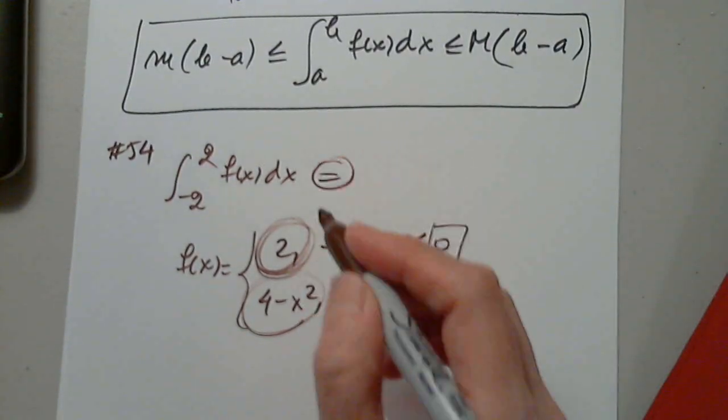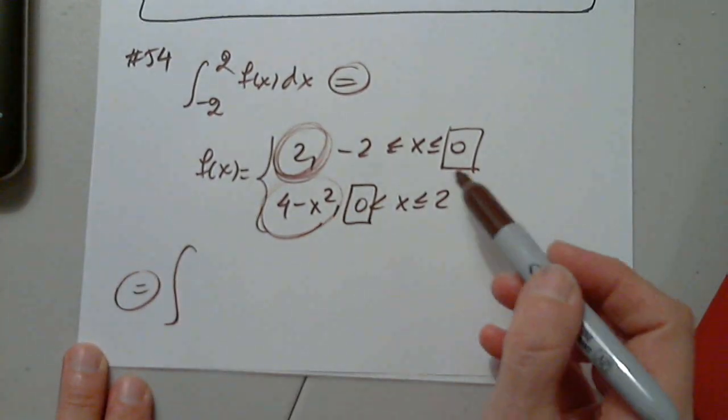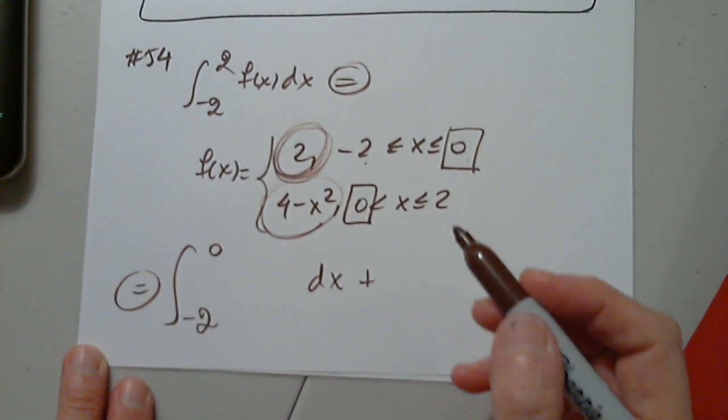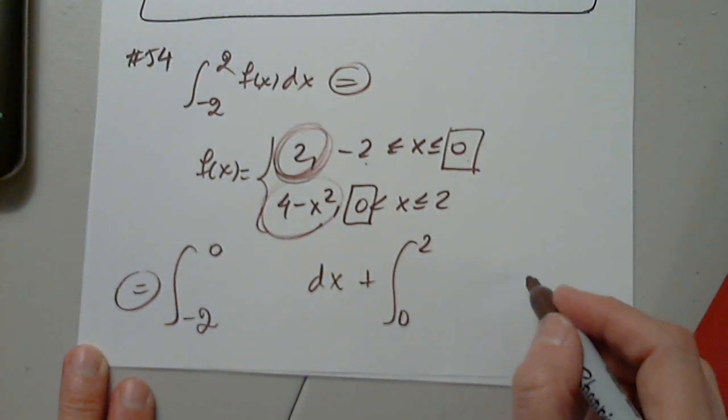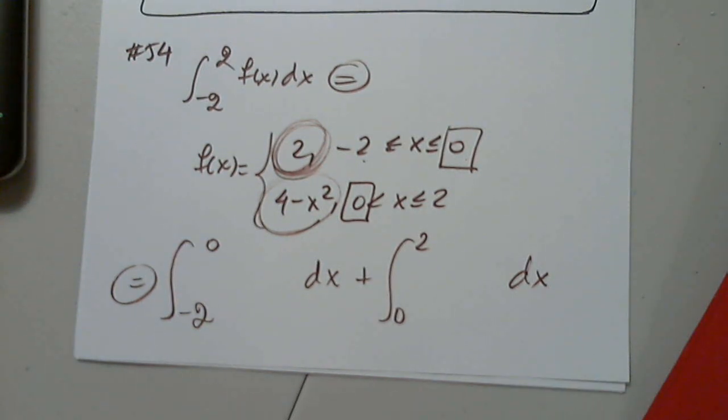So then I will write equals the integral from -2 to 0 of something dx plus the integral from 0 to 2 of something dx. What do I write here and what do I write here? Anyone?